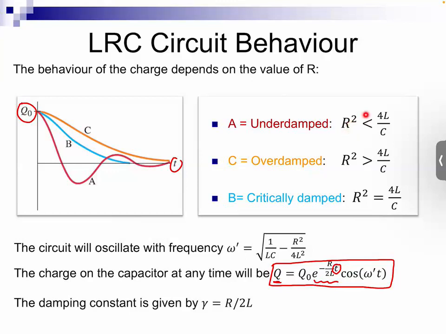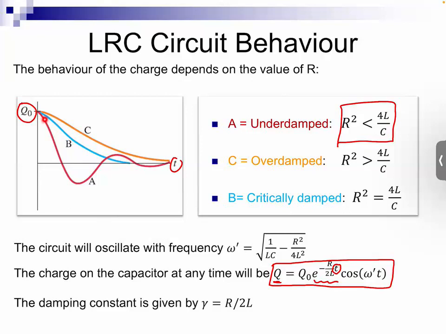But depending on how much resistance is in your circuit, the oscillation can be classified as underdamped. For an underdamped oscillation, this is when the resistance squared is less than, it's defined by this relationship here. In an underdamped situation, you will have some oscillation, so you will still have some transfer of energy from the capacitor to the inductor that is defined by this graph.